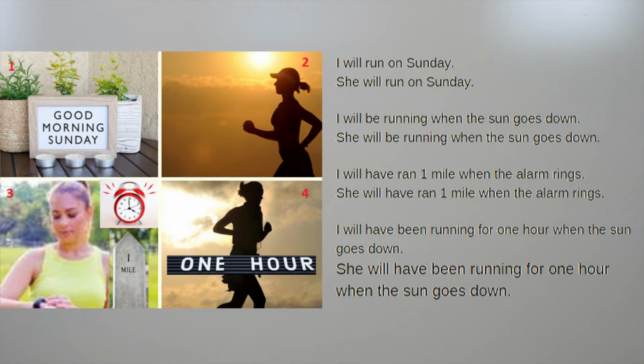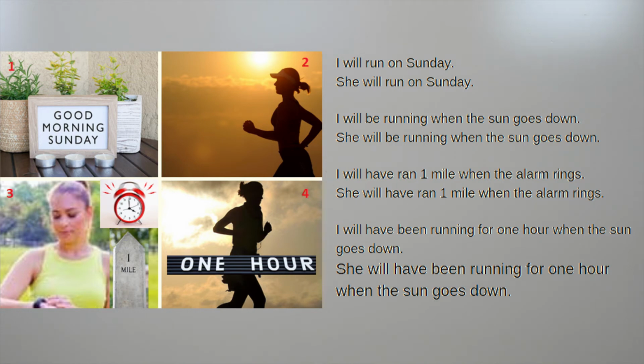And in our last picture, using the verb run, in the future perfect continuous, your sentence would say, I will have been running for 1 hour when the sun goes down. Or, she will have been running for 1 hour when the sun goes down.